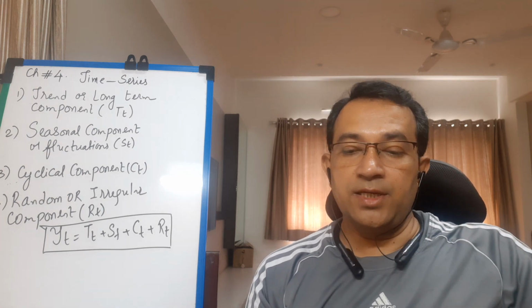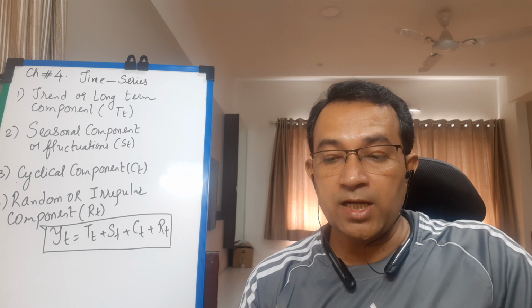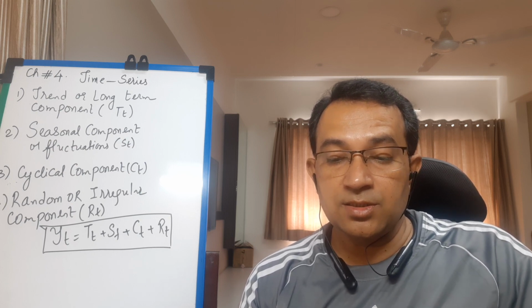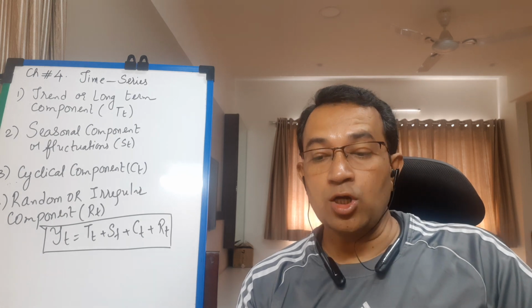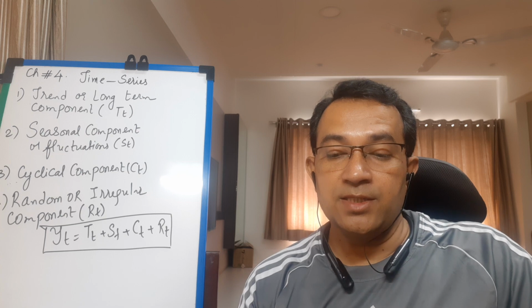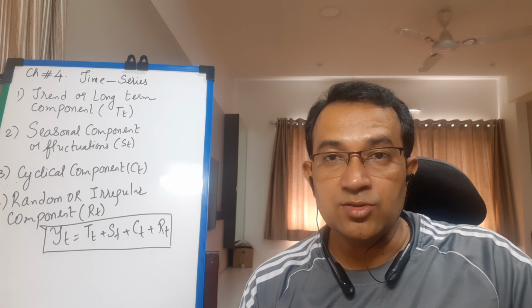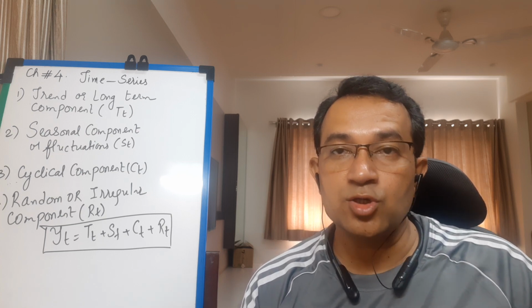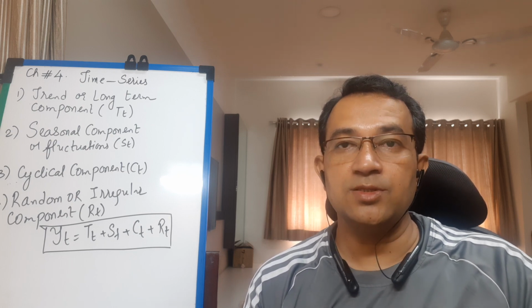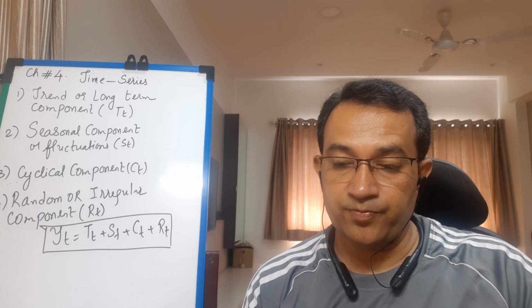Then it is necessary to record the short-term values in the time series to study such variations. Necessary to record short-term values means it is necessary to record short-term changes in the values of variable quantity to study this seasonal variation.